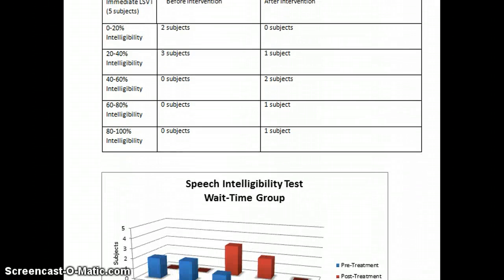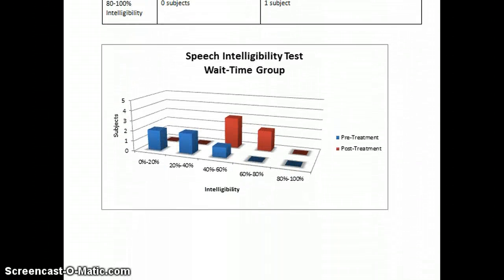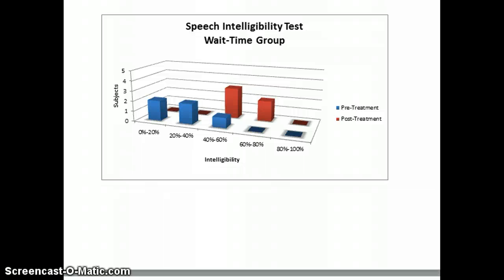So we have this presented to you here through a graph, so you can see the differences clearly. Pre-treatment is blue, post-treatment is red. And you can see that after LSVT, this is the wait time group, there are more subjects closer to 100% intelligibility, which is of course what we're looking for. That is ideal.